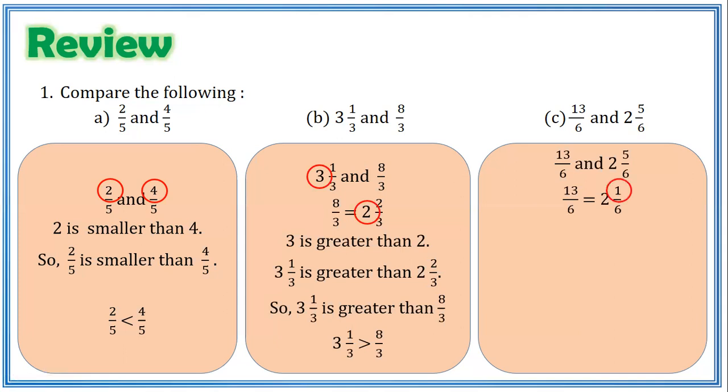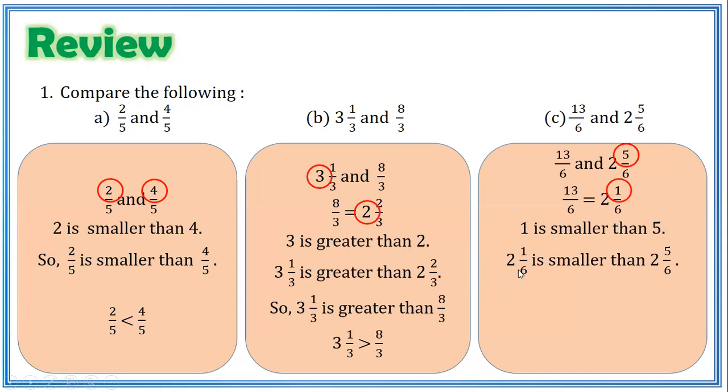Now that they have the same denominator and they are both mixed numbers, let us look at their numerator part. So 1 and 5. 1 is smaller than 5.